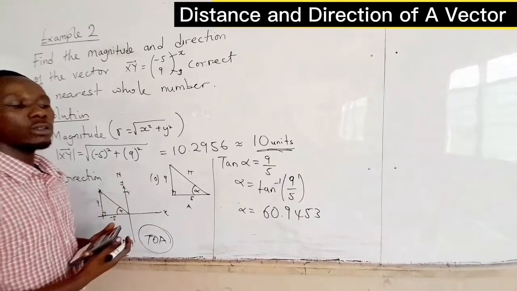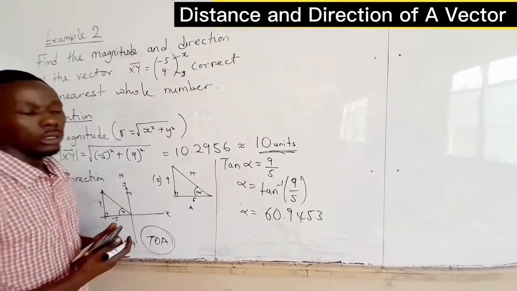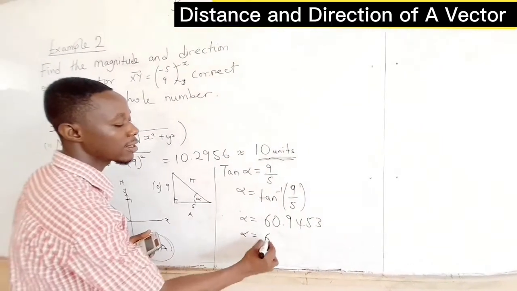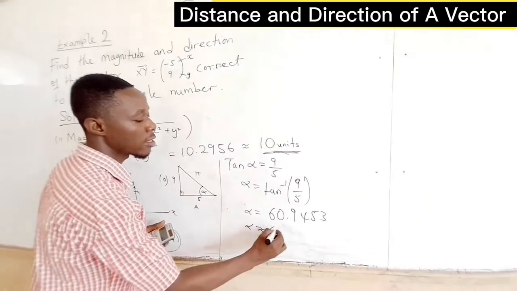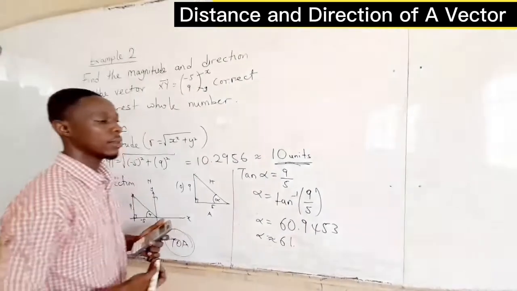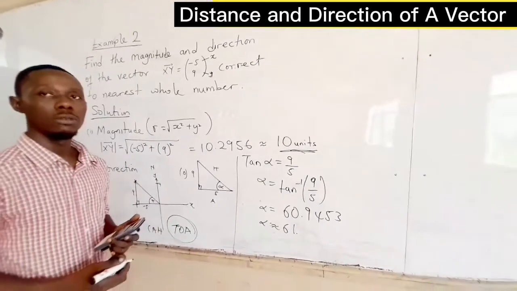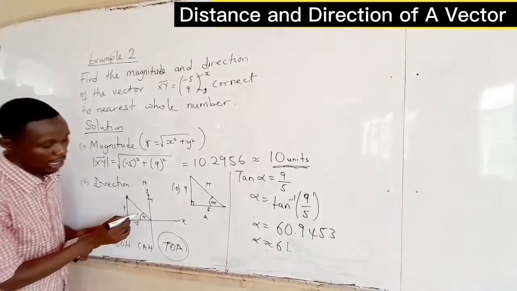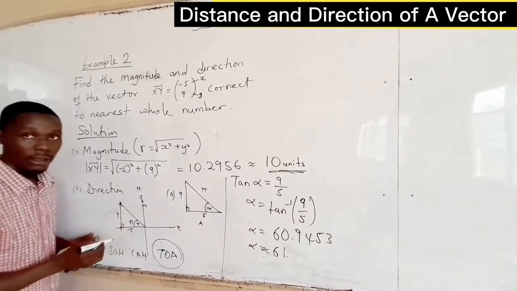Let's run this one to the nearest whole number. When we run this one to the nearest whole number, you get 61. Because the angle that we have gotten here is 61.